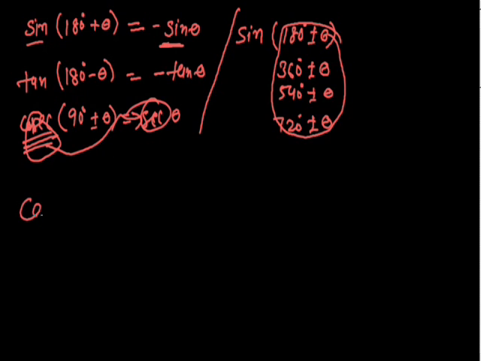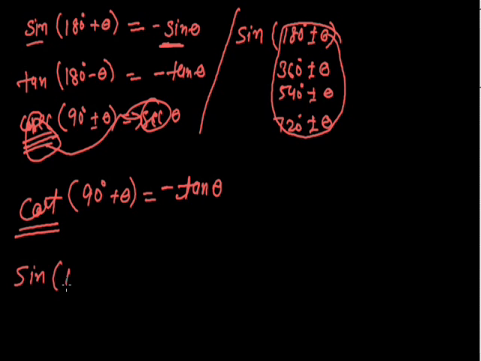For example, if we are talking about cot 90 plus theta, then this will give us tan theta, and the sign will be negative because in second quadrant cot is negative.